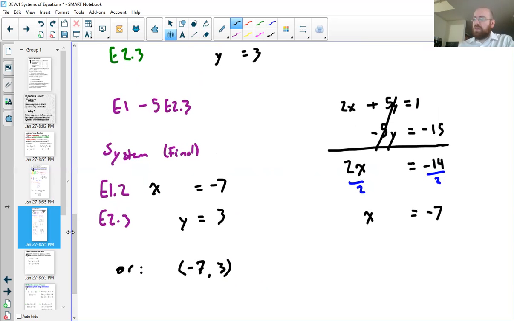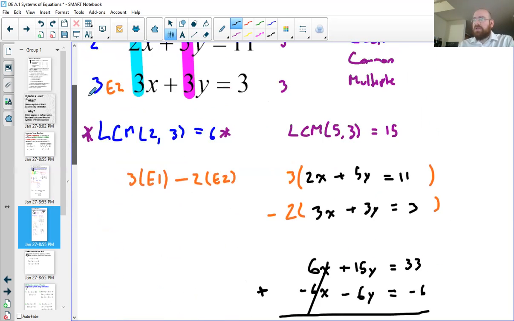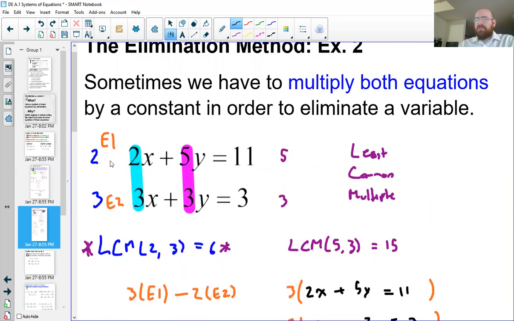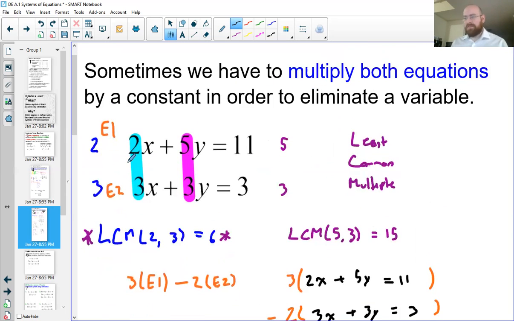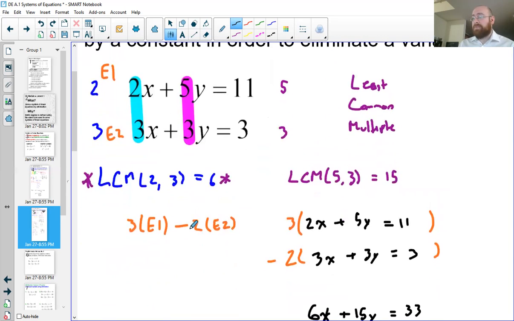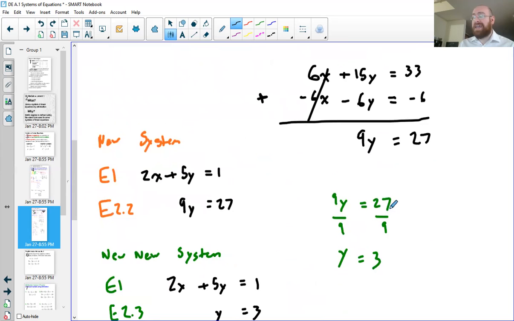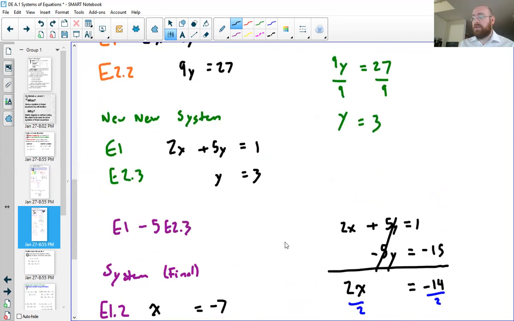So solving systems of equations, they can be overwhelming because there's a lot of little steps. But if you really break it down piece by piece, a lot of these skills are skills that you have developed and practiced over years of studying math, like the least common multiple, distributing a constant over multiple terms, adding like terms, dividing to solve an equation, repeating those steps with different numbers.